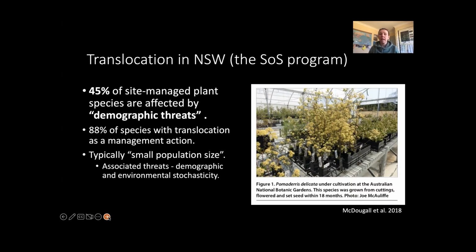So it's like I mentioned before, having a disturbance take out the whole population. Interestingly, 88% of species with translocation as a management action were also listed as having demographic threats. So it's being identified as an option for these species with small populations and limited distributions that are at higher risk of extinction because of this.